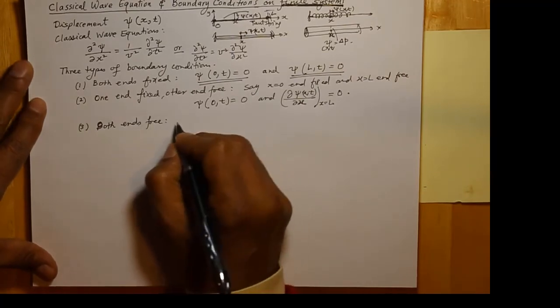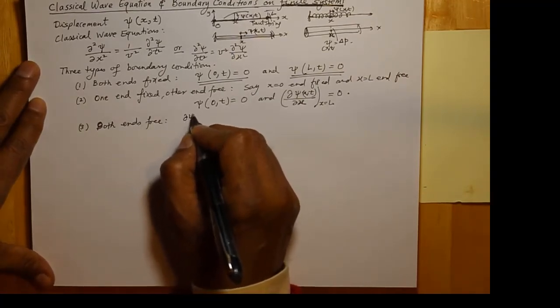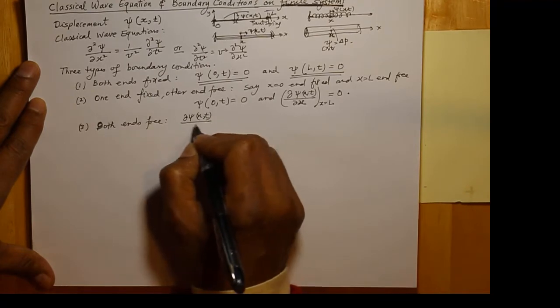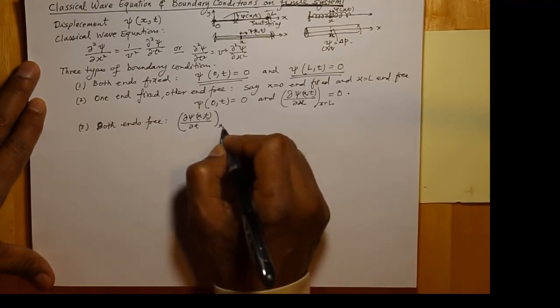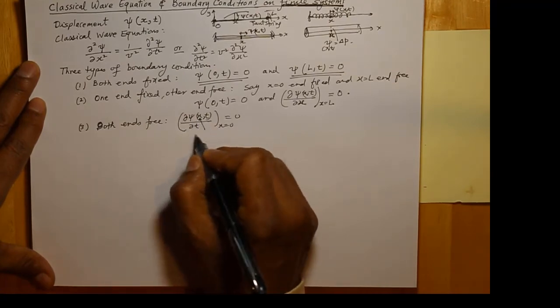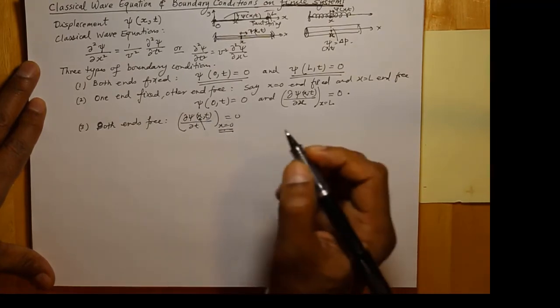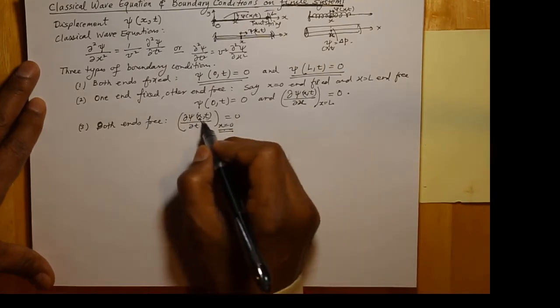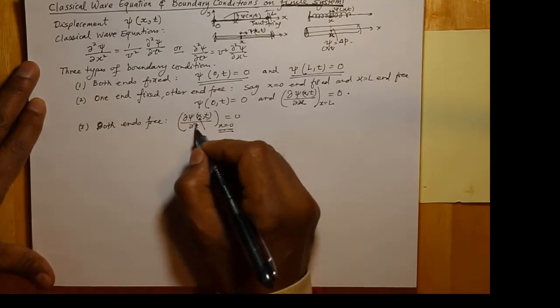So these three boundary conditions we usually deal with. Note I didn't put 0 there. First I take a derivative and then evaluate this, because this is a continuous function, and this is dx.